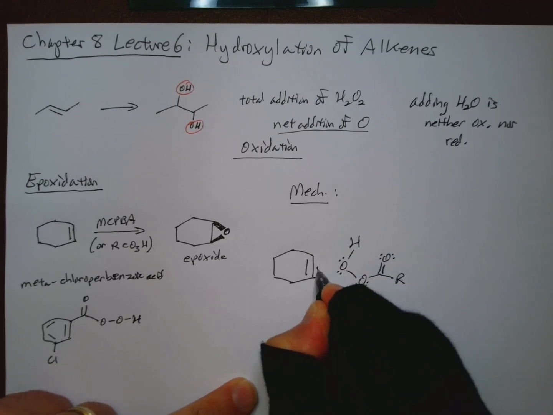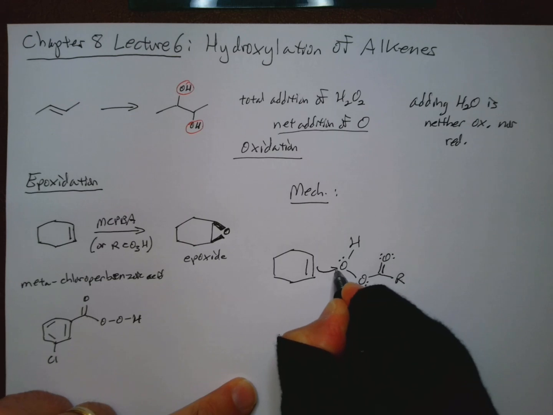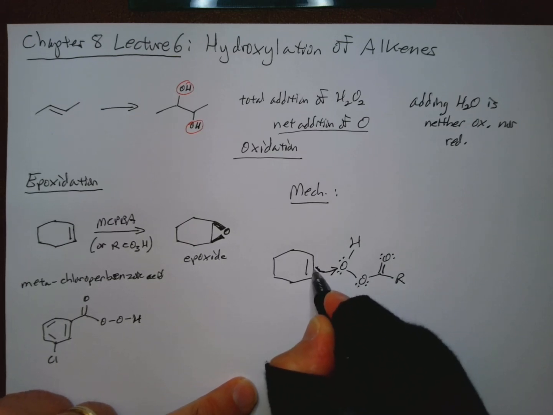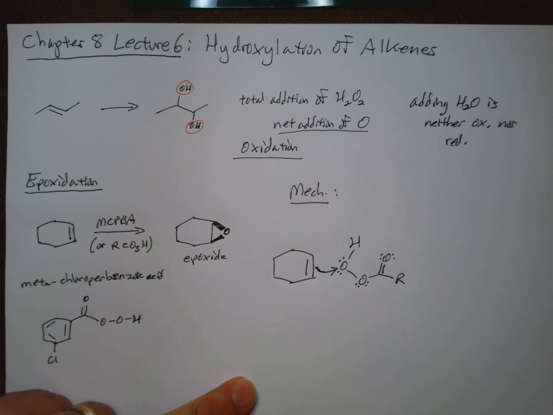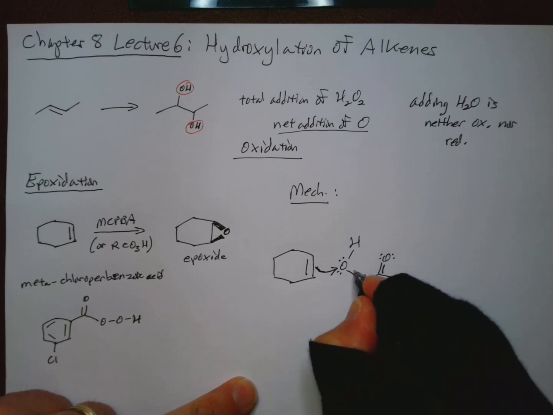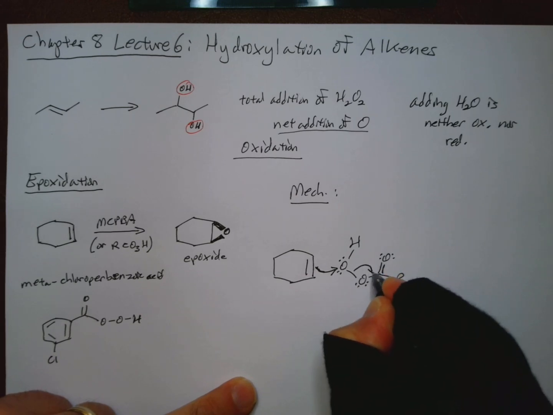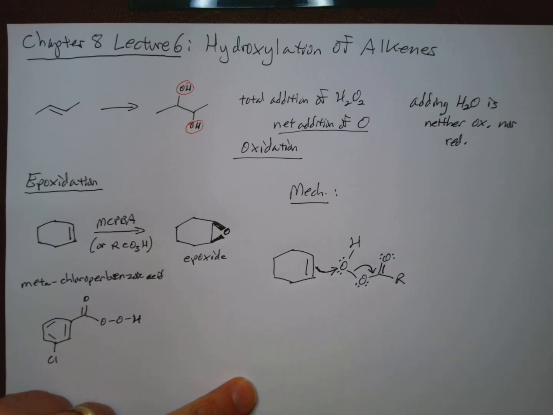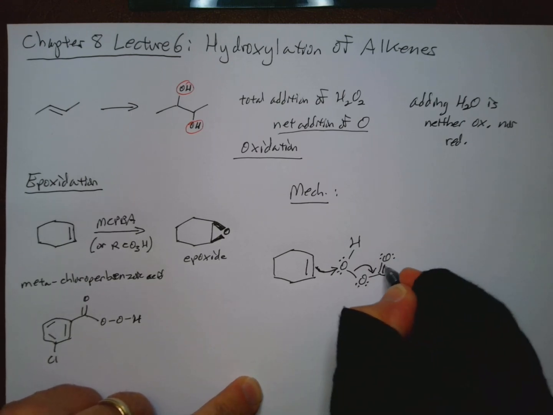We'll get a pair of electrons from the double bond attacking the oxygen there. This bond will break and actually go to form a new carbon-oxygen double bond. Of course, now we need to do something because we can't have 5 bonds on carbon.